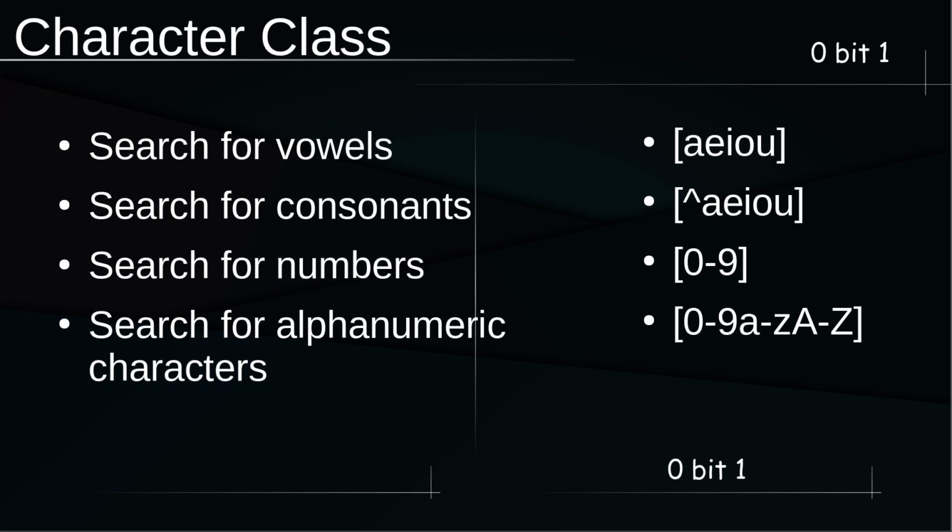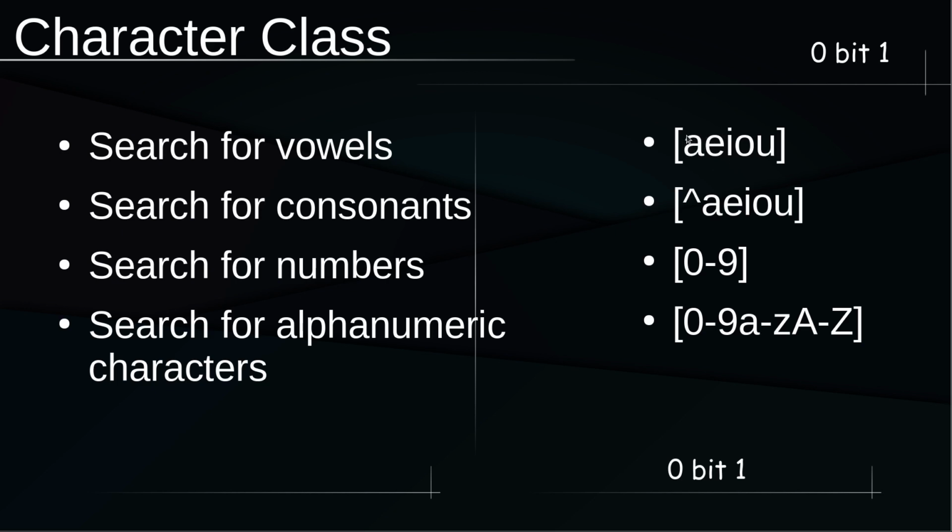This will look for any single character that matches. If we want to search for words that contain vowels, we write A, E, I, O, U inside a bracket. Even if one of the characters inside the bracket matches, it will be considered a match.